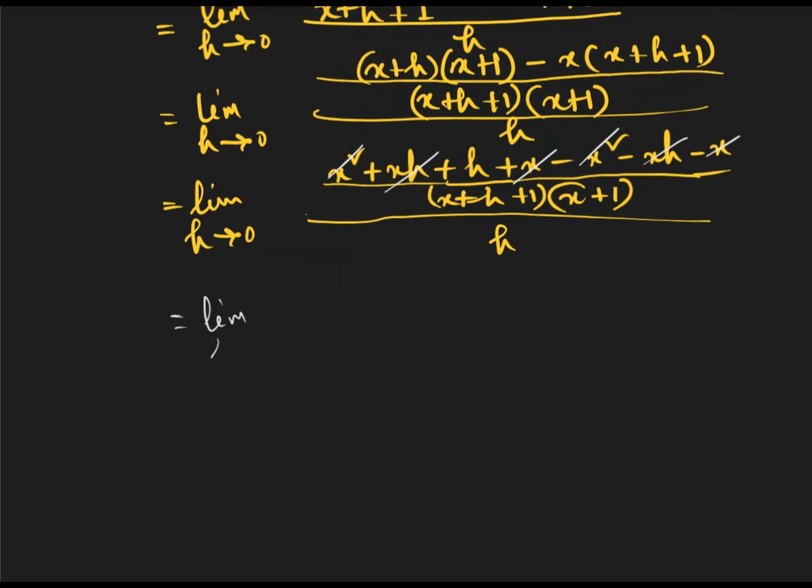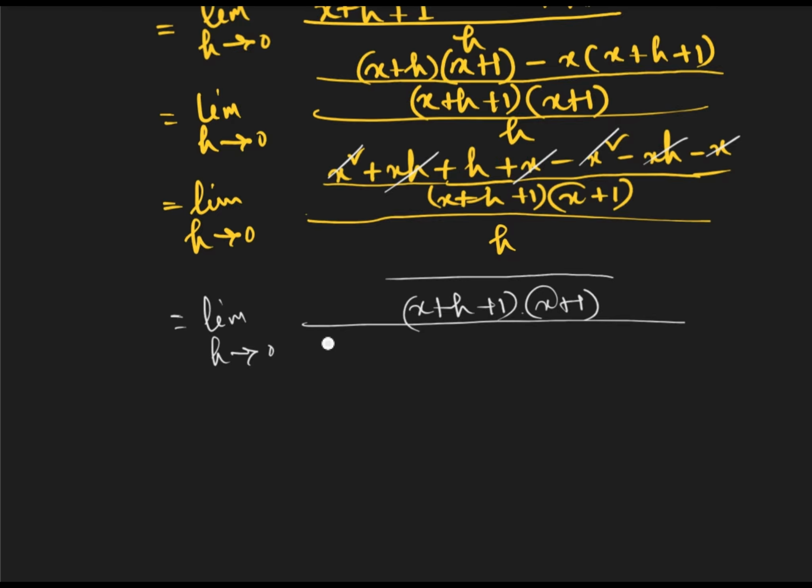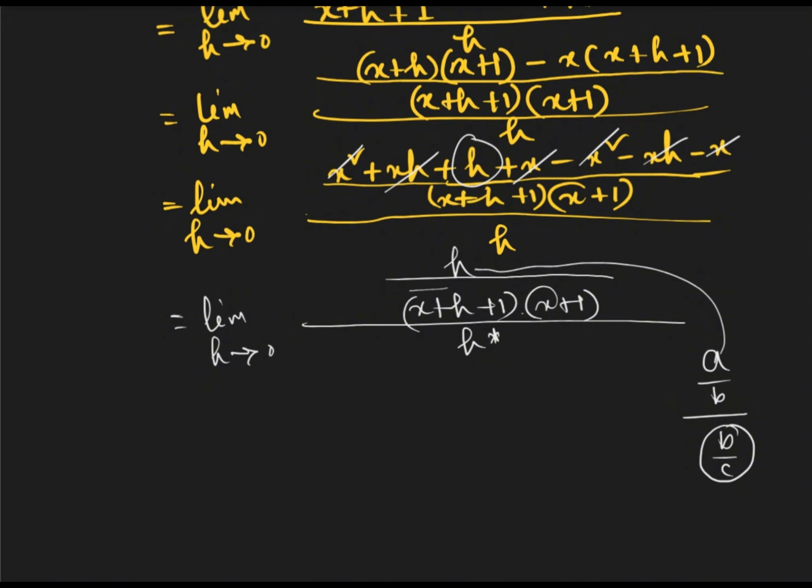so it will be limit h tends to 0. So here will be x plus h plus 1 times x plus 1. Here it will be h, just h left here, and here will be h as well. We know that a by b over c, so here b by c is this h, and here a is h and b is these two factors.